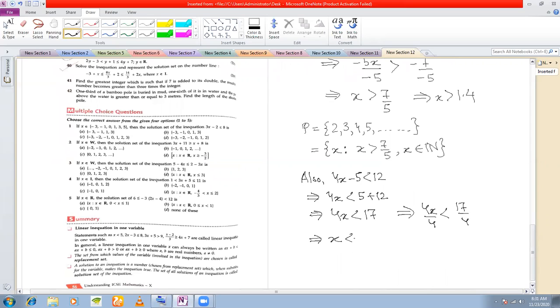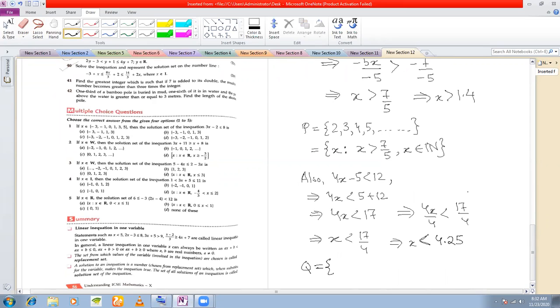And so you get x less than 17 by 4, which is 4.25.